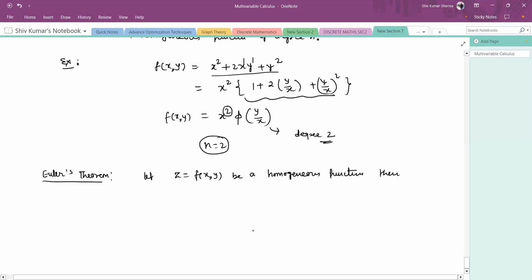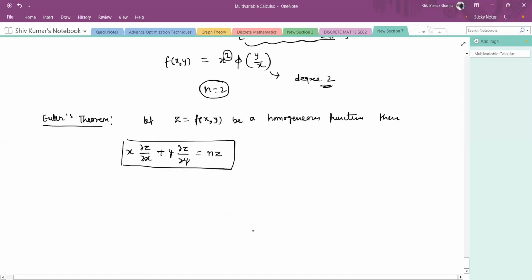Then x del z upon del x plus y del z upon del y is equal to nz. This is the statement of Euler's theorem for two variables.